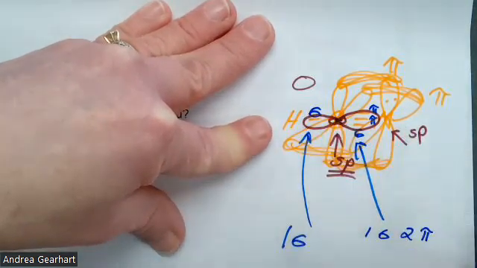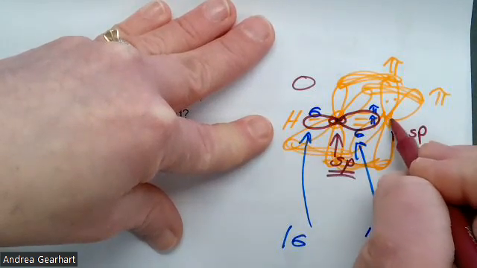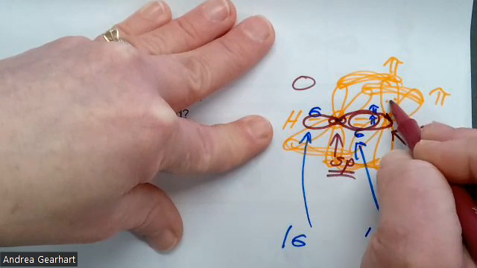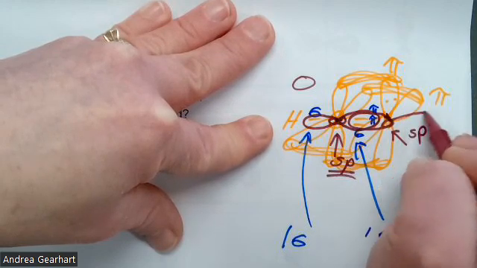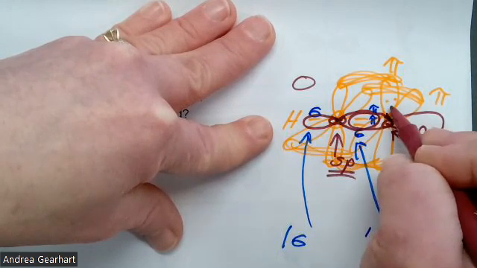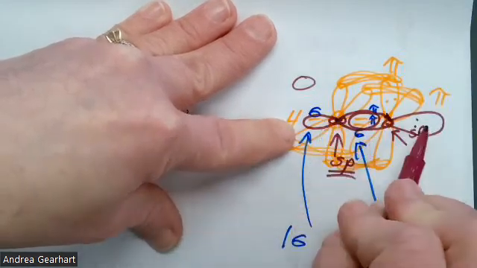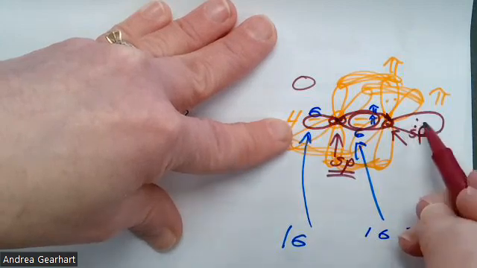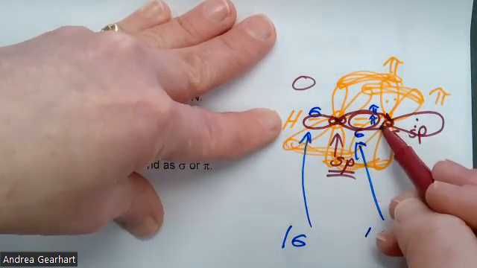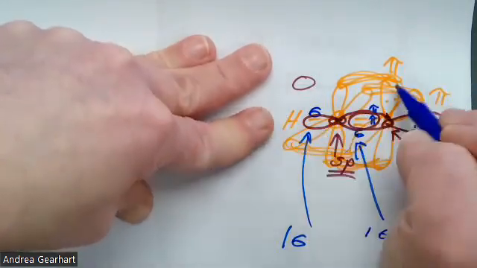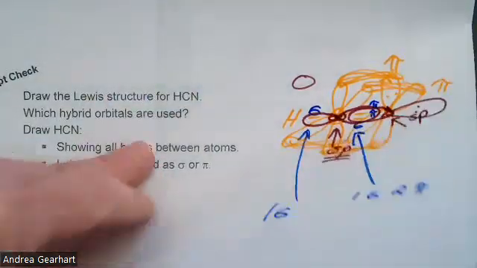Nitrogen has one hybridized orbital, and then we would put the lone pair, which I just did from the Lewis dot over here. So the hybridized orbitals are, we wouldn't call this a bond, but there's the sigma and then the sigma. And so here is where we have our multiple bonding.